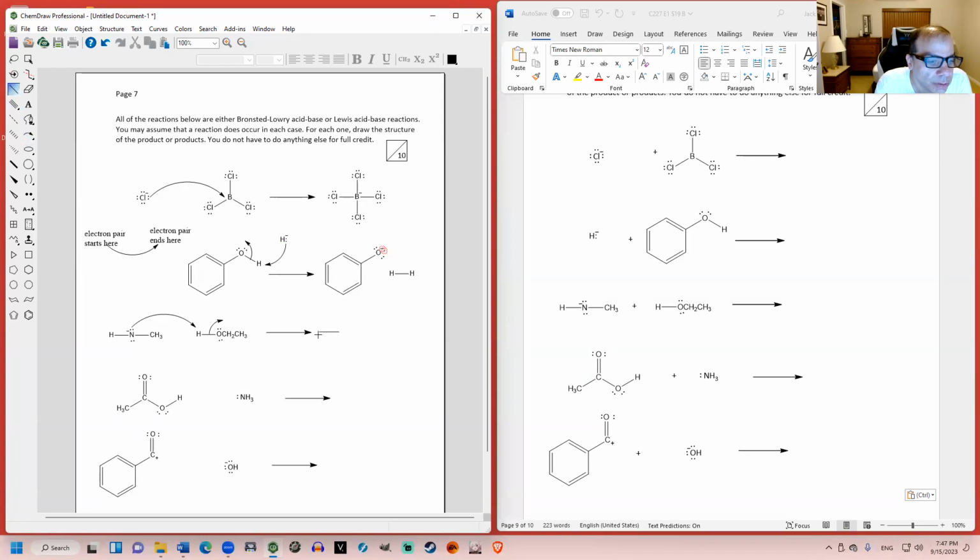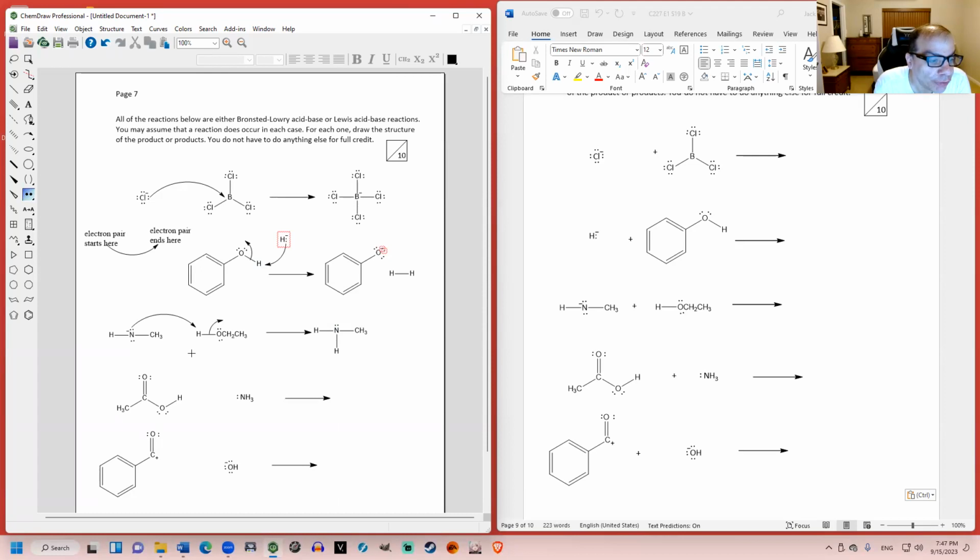So that's going to be how the nitrogen will look.